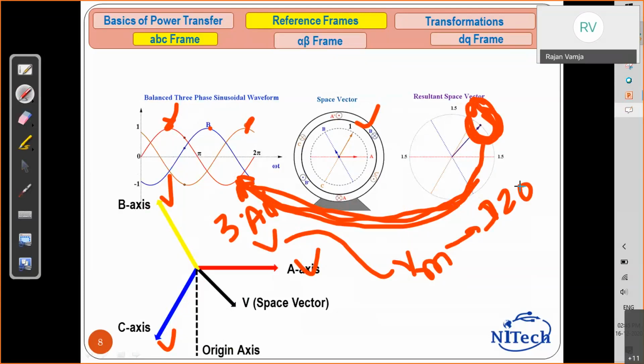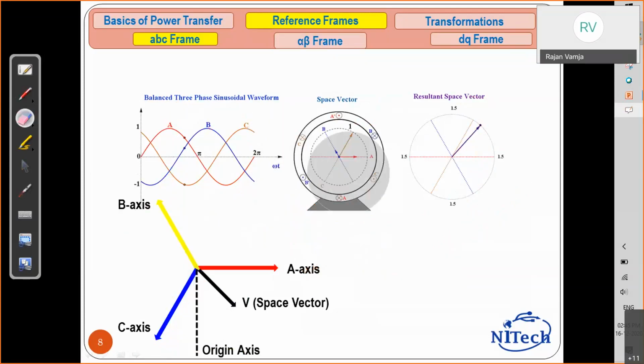If such three AC quantities are there, they can be represented as a space vector. Is it clear to everyone? This is the ABC frame: in the space, three axes.